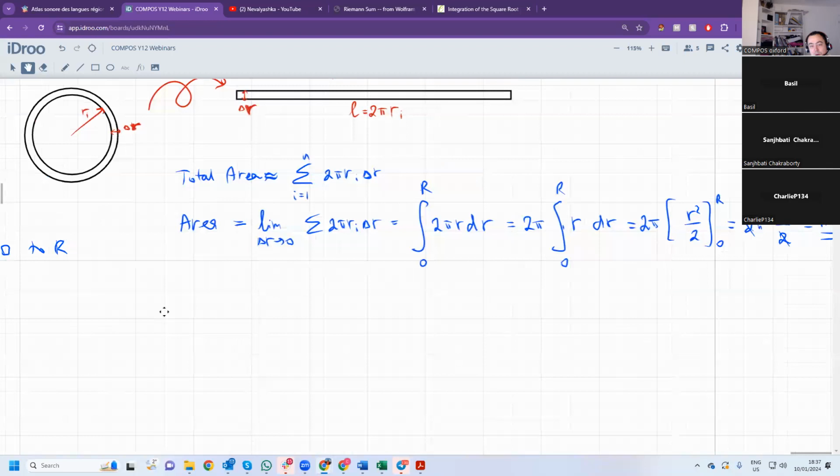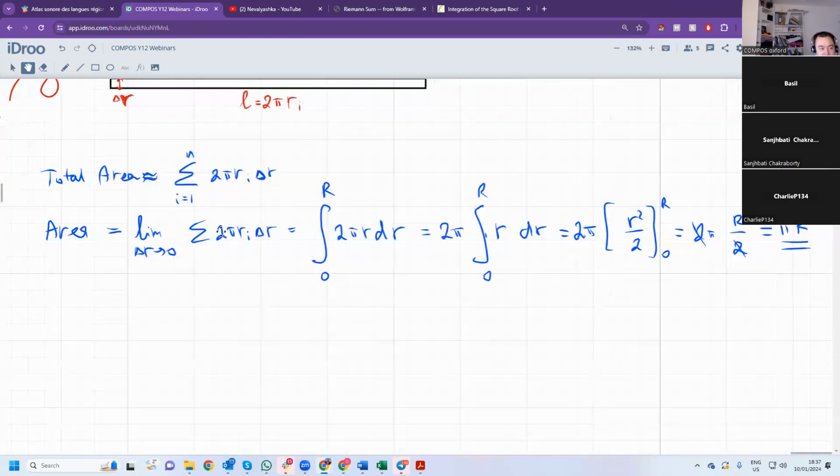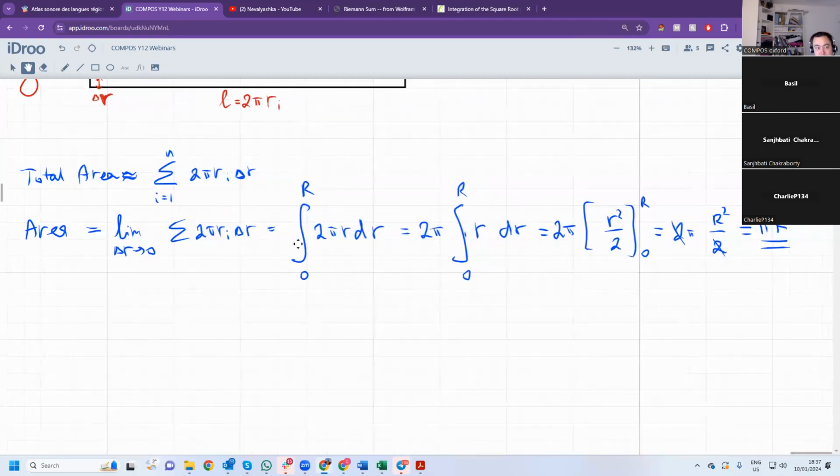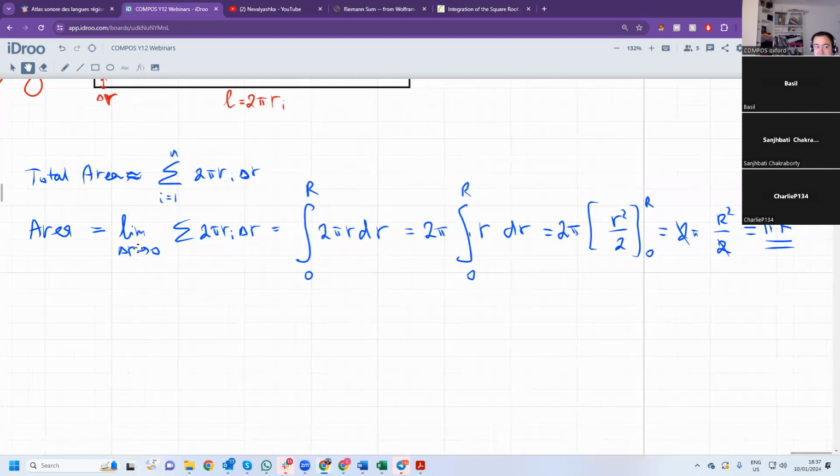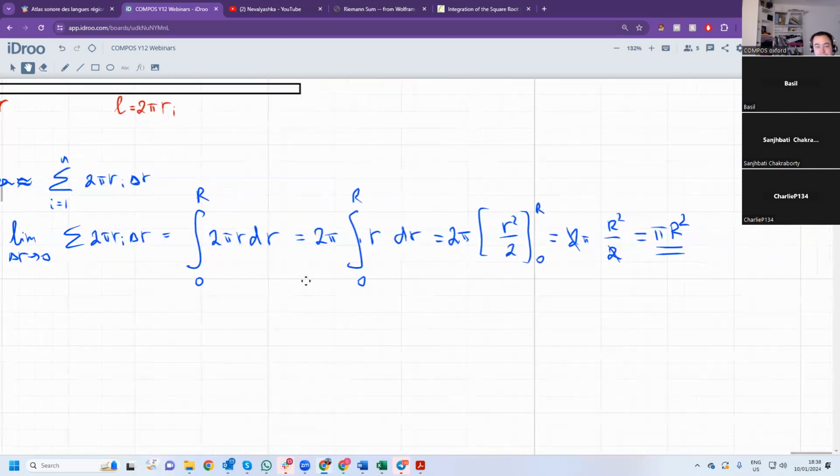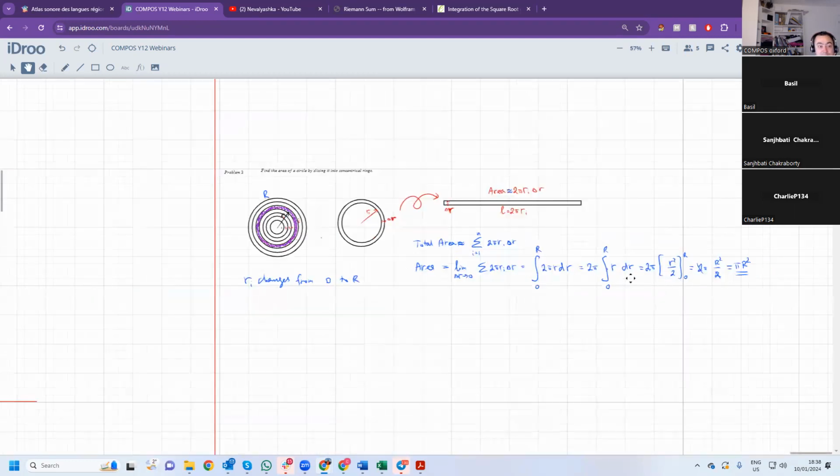So we go through and add all of these circles, and we have the integral. As you take the limit, it becomes the integral, and the answer is pi R squared.